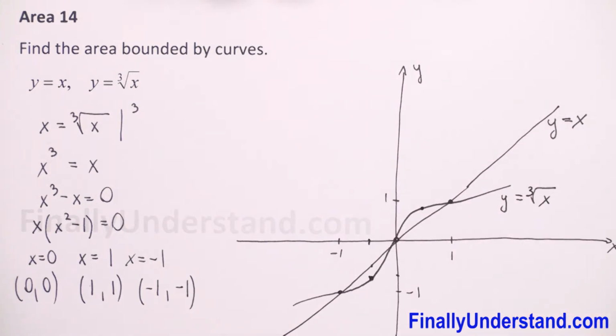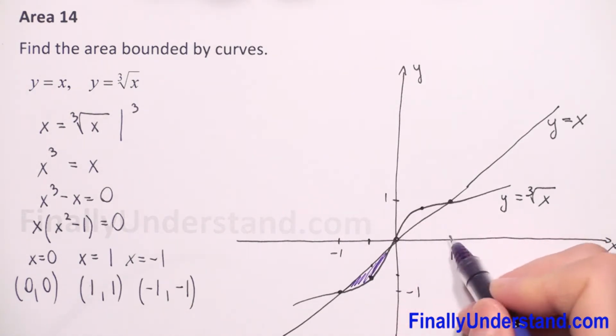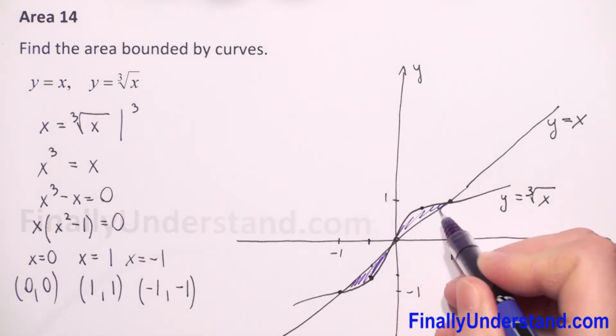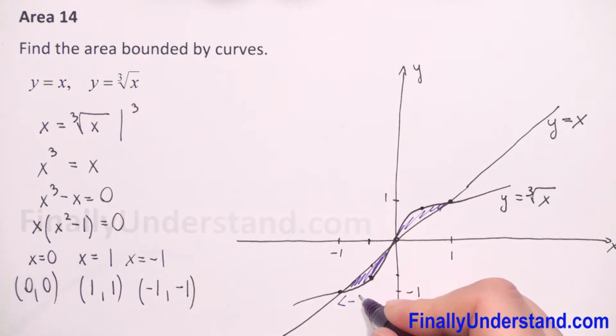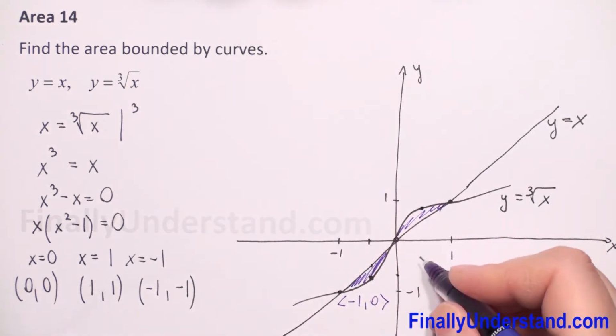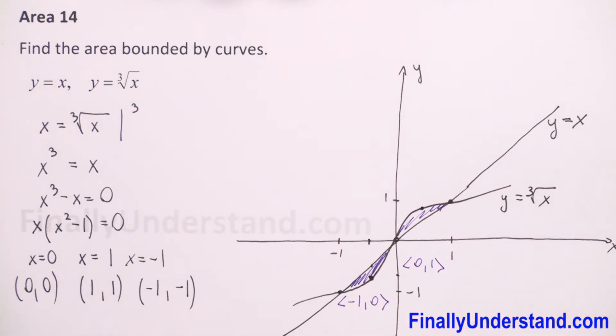We see that the two curves bound an area from negative 1 to 0, that is the first area, and from 0 to 1. This is from negative 1 to 0, and this is from 0 to 1. It means we have two integrals.